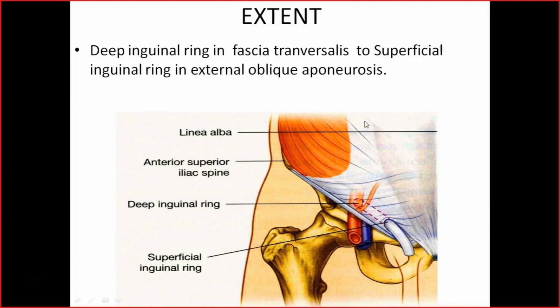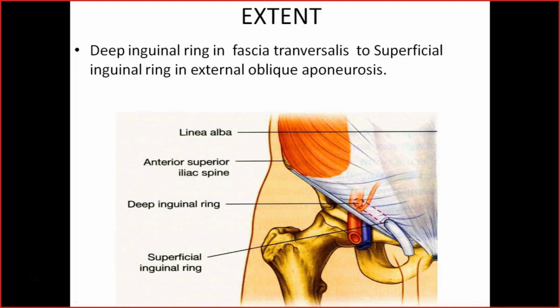Before going to the boundaries in detail, we will just see how it is extended. As you know, we have 2 rings, deep ring and superficial ring. The deep ring, as the name indicates, is present deeper. In the abdomen we have around 8 layers.